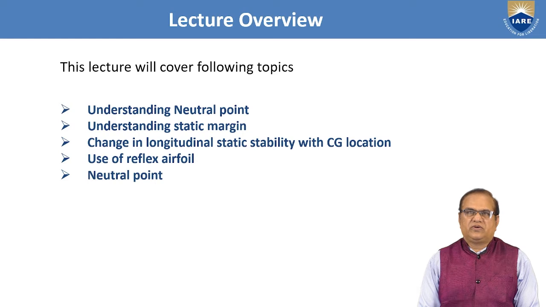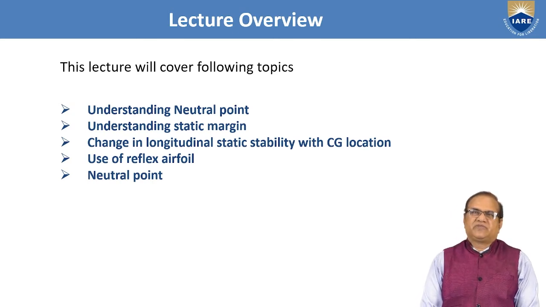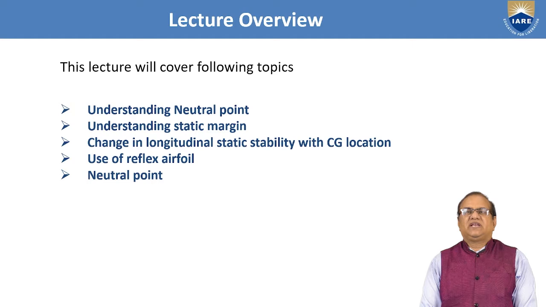Then I have seen a spring mass system for explanation of static stability and dynamic stability. In that, I have shown that a system of spring and mass, if it is moved in a vacuum, will start vibrating and keep on vibrating because it is not damped.